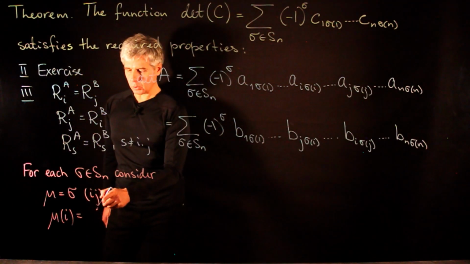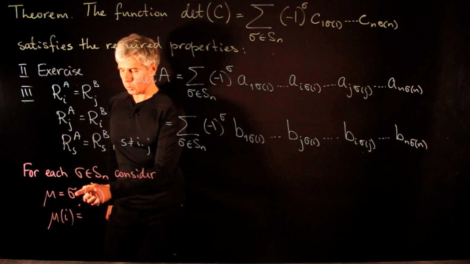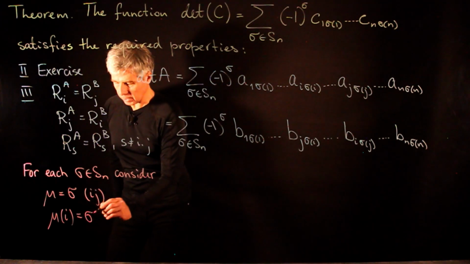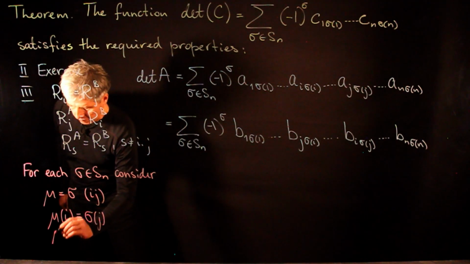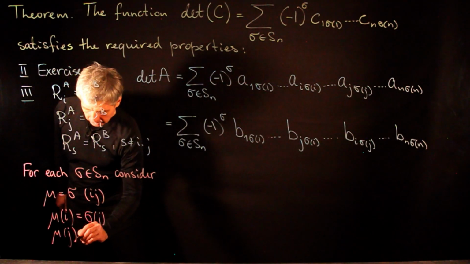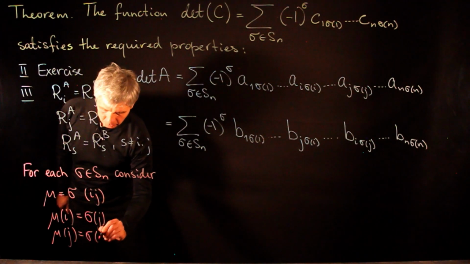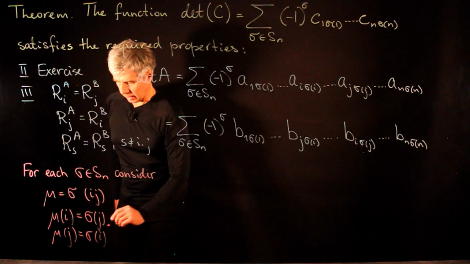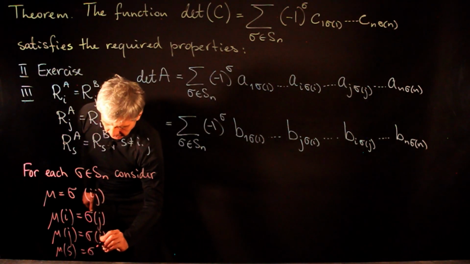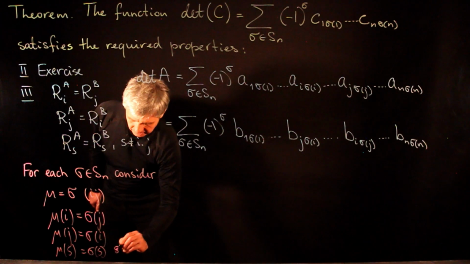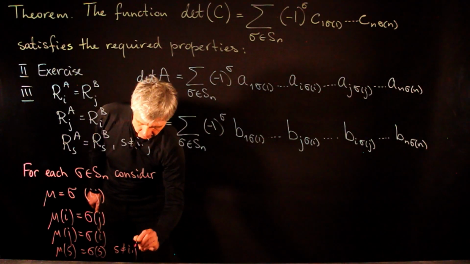First i goes to j, and then j goes to σ(j). So we get that μ(i) is equal to σ(j), and μ(j) is equal to σ(i), and μ(s) is equal to σ(s) if s is different from i and j.